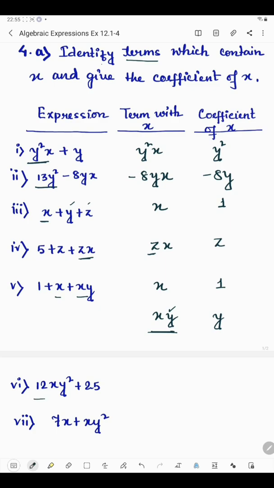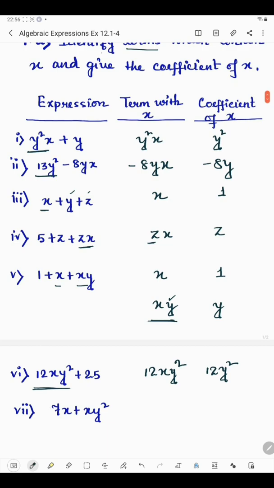Now in the sixth part we have 12xy square plus 25. Here we will take only this term, as in this term x is present. So 12xy square. Now the coefficient of x means excluding x, what is present here? 12 and y square. So the coefficient of x in 12xy square will be 12y square. Now in the last part we have 7x plus xy square.